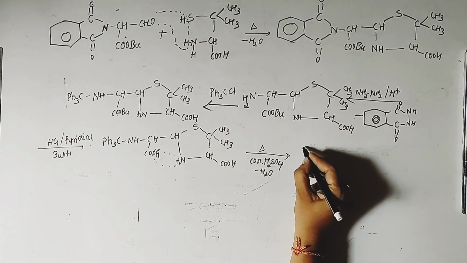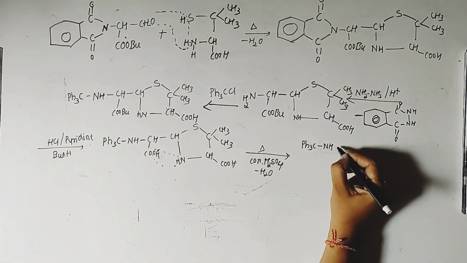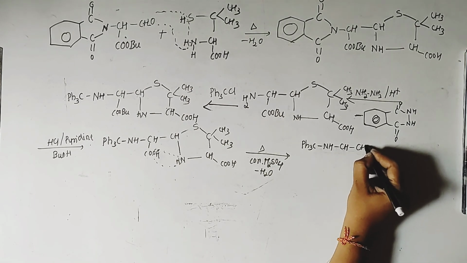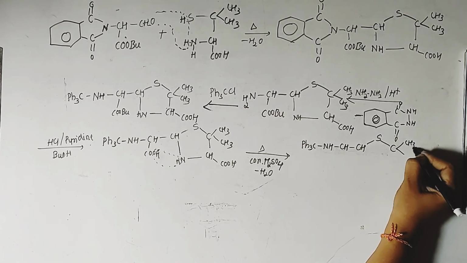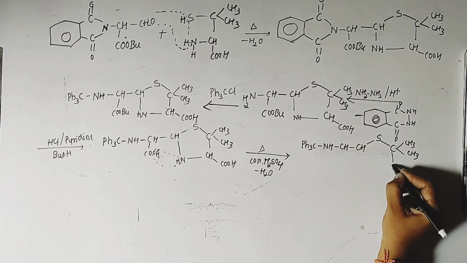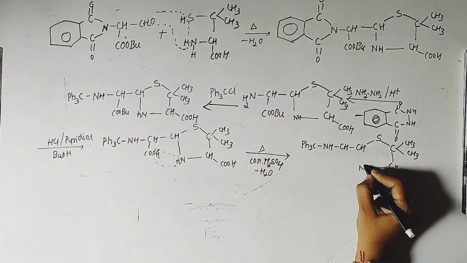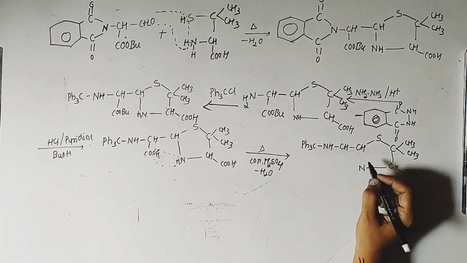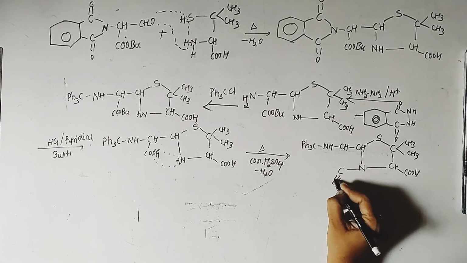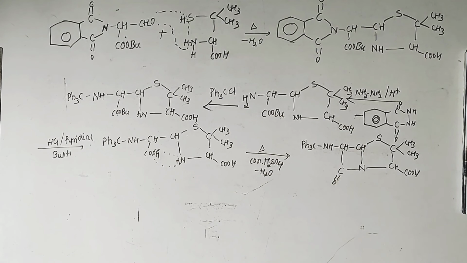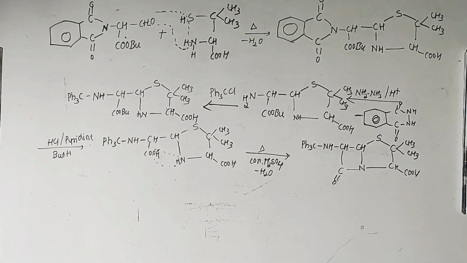So the remaining structure, that is PH3C, NH, CH, this is S, CH3, and here CH, COOH. So now nitrogen, which has formed the bond with carbonyl carbon now here. So it leads to the formation of second ring also, which is called lactam ring or beta lactam ring.